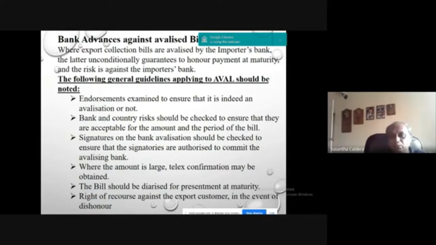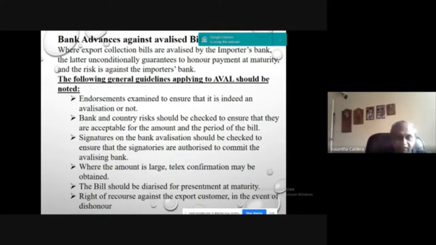When the exporter's bill is avalized by the importer's bank, then the importer's bank has unconditionally guaranteed the payment. It is just like an LC, right? Document check but payment is guaranteed, right? So this is a very good tool.